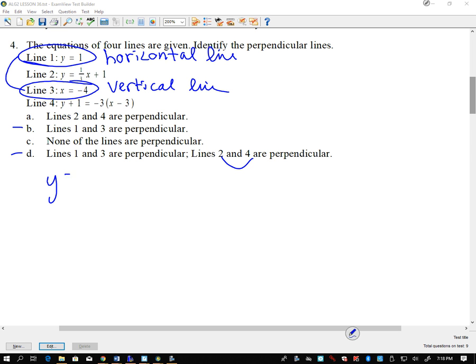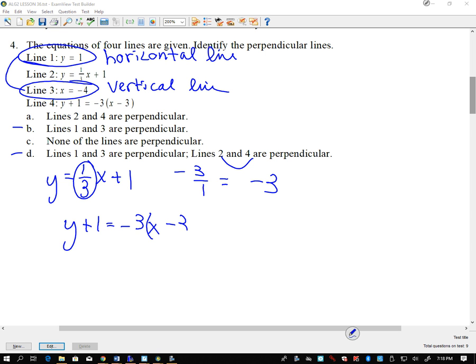We have y equals 1/3 x plus 1. And the part I'm really concerned about is the 1/3. The opposite reciprocal to that is going to be 3 over 1, but opposite, so negative 3. So I want to see if line 4 has a slope of negative 3. So y plus 1 equals negative 3x minus 3. So we're going to distribute that negative 3. Y plus 1 equals negative 3x plus 9 minus 1 minus 1.